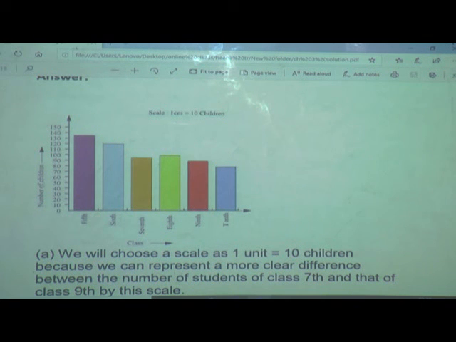We have to see the scale, that is the lowest scale. We were having something like 80, so we can write here 1 centimeter is equal to 10 children: 10, 20, 30, 40. I told you the difference should be equal between the two numbers. It's not that I told you to write 10, so you will write 10.